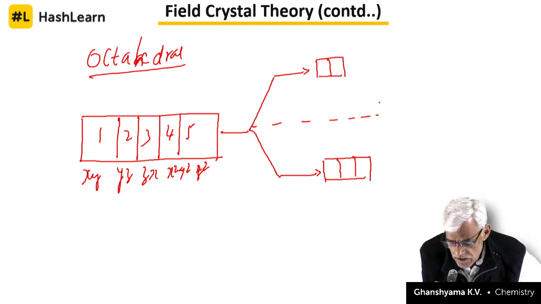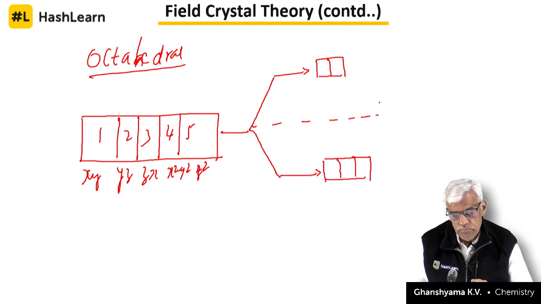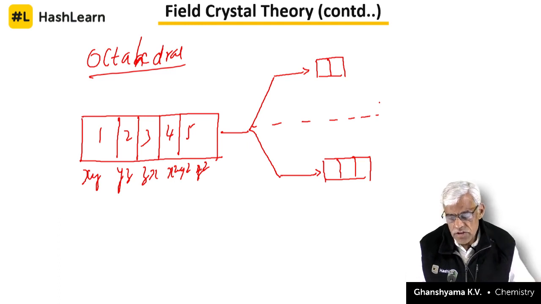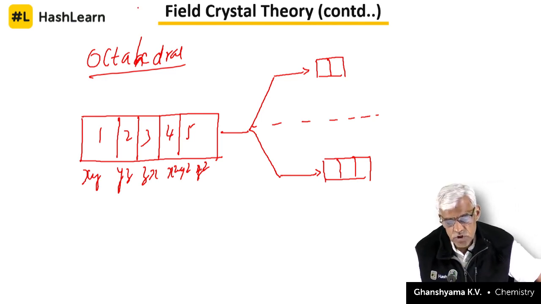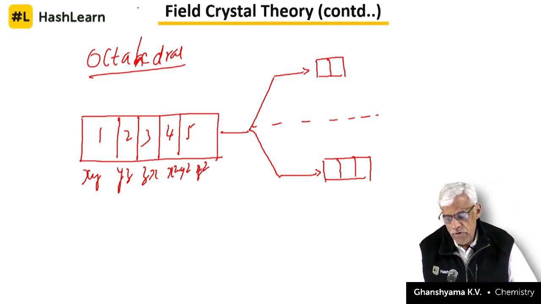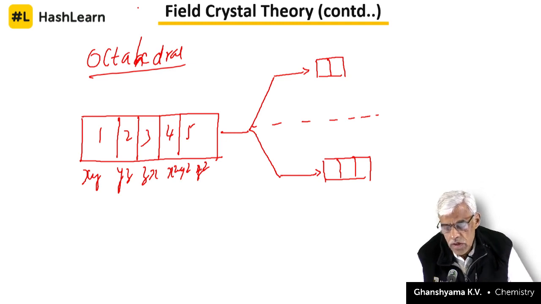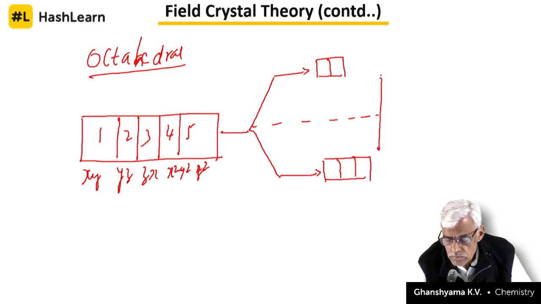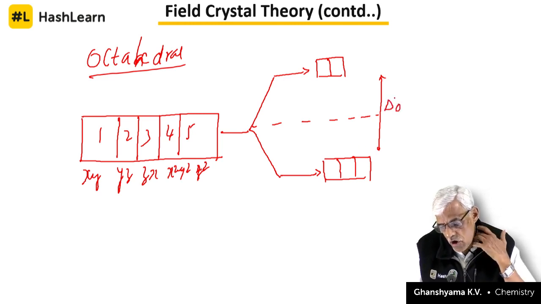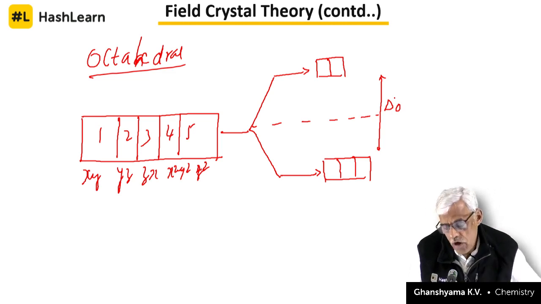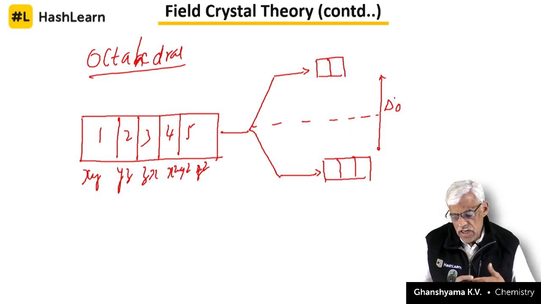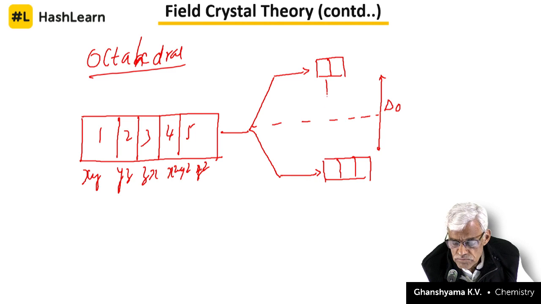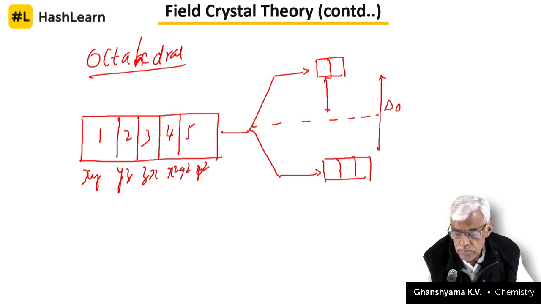This type of splitting of the d orbital into two levels where degeneracy is lost is called crystal field splitting. The difference in energy between the two levels is called delta zero. O stands for octahedral. Delta is energy. This is the average energy.